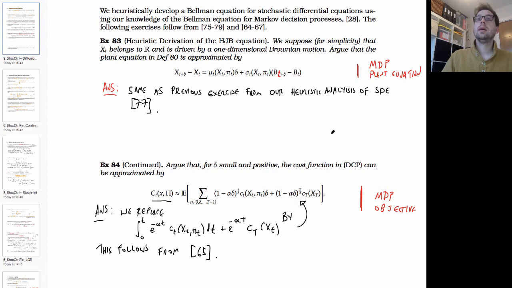So we could write down the Bellman equation for that. There's an instantaneous cost here, and an evolution that gives you the next state given the current state.